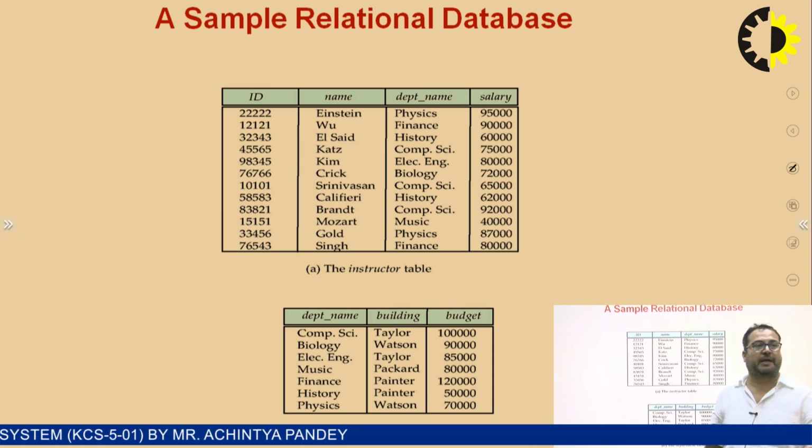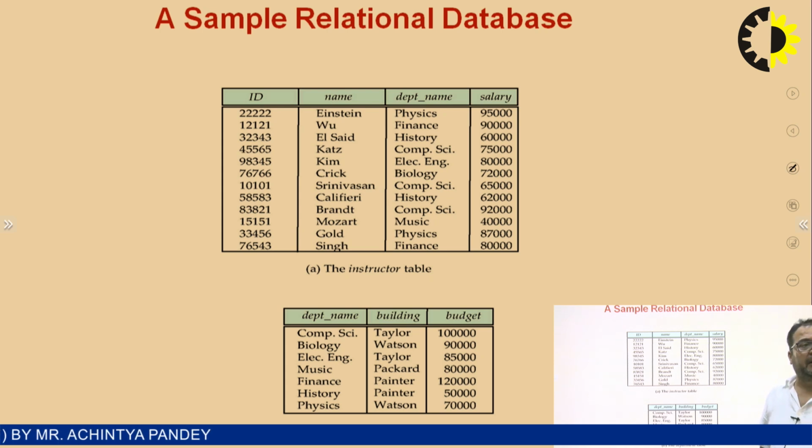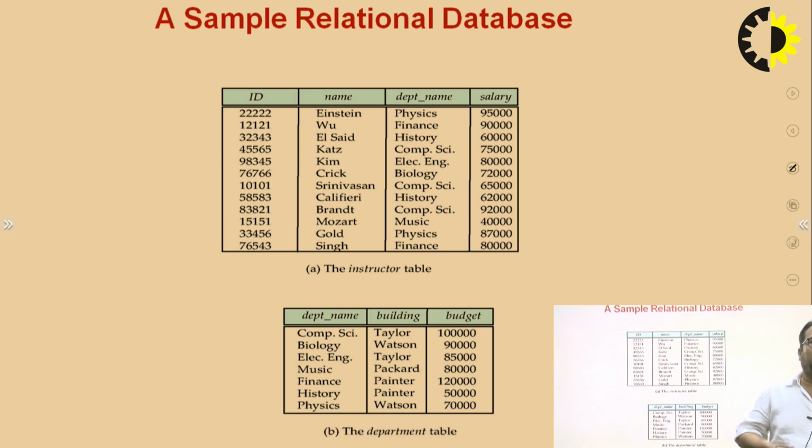Here we see the instructor table and the department table. More accurately, if any relation or table is going to relate with another relation or table, there must be some common attribute. Suppose you want to relate the instructor table with the department table: there must be some common attribute, like ID, name, and department name.